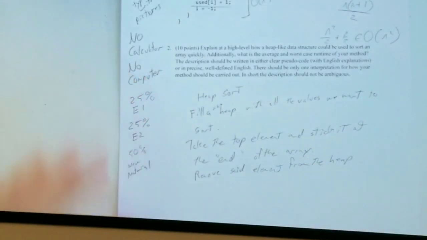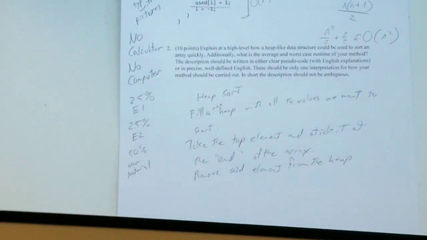Now when we remove the element from the heap, what's going to be the new top element of the heap? A lower number, but it's going to be the largest element of whatever's remaining. And because it's going to be the largest element of whatever's remaining, that's going to be the second to last element of our array.